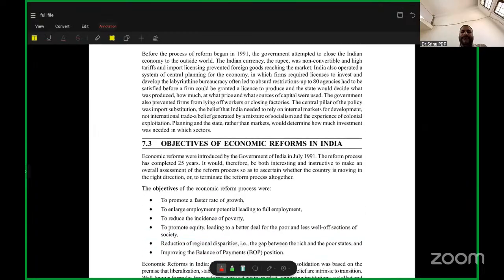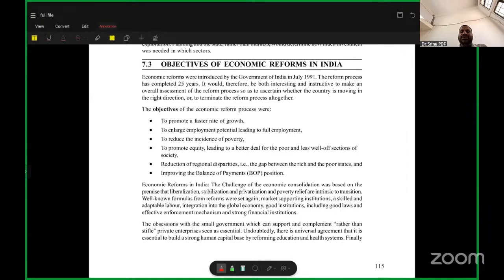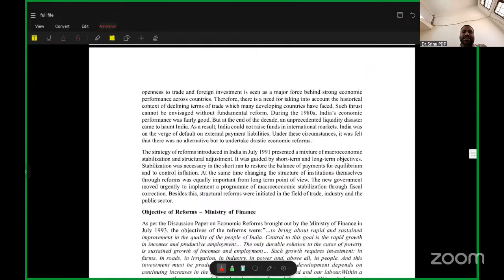What are the objectives of Indian economic reforms? There are a few objectives. First, to promote a faster growth rate and enlarge the employment potential, leading to full employment; reduce the incidence of poverty; promote equity; reduce regional disparities; and improve the balance of payments. These are the basic objectives of economic reforms in India.